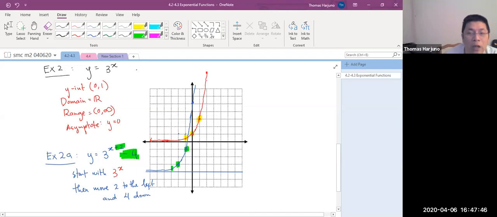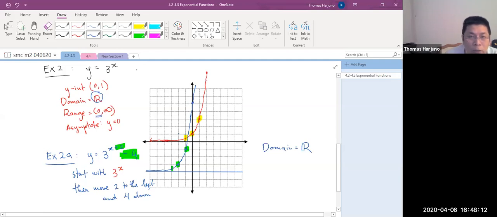Now, what's the domain of this new function? Well, the original domain is already all real numbers, right? However you move it, the domain will still be all real numbers. Now, the range, however, will change.